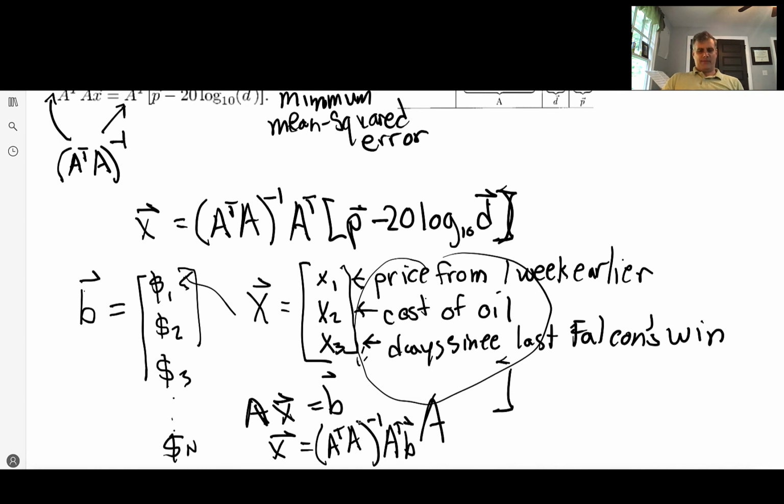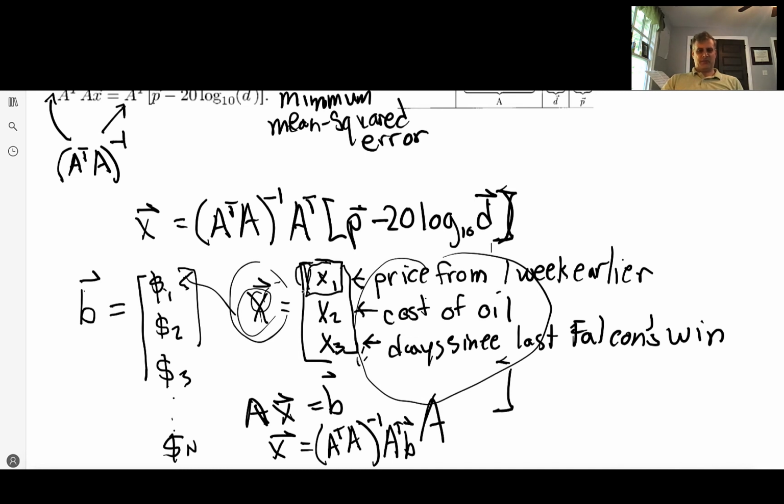And out will pop hopefully meaningful values. It turns out there's probably a big correlation between the value of the stock market and its value from 1 week ago.